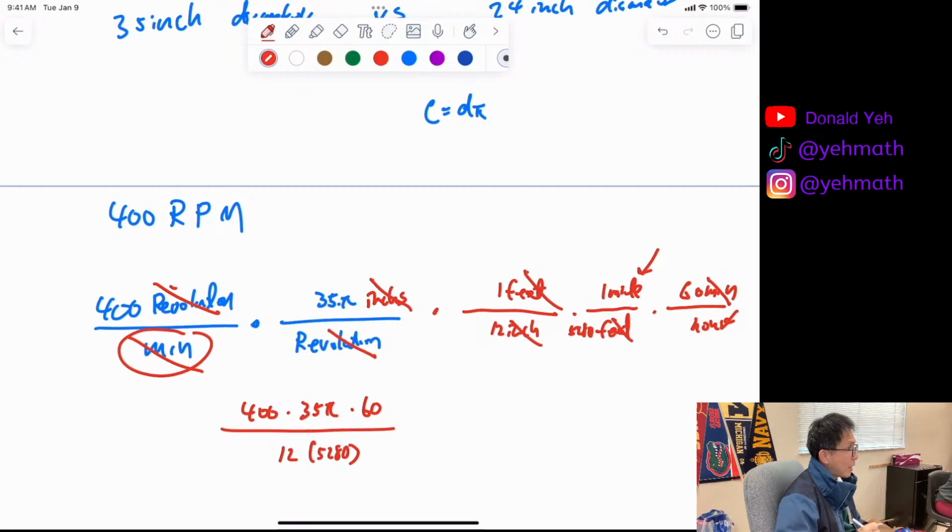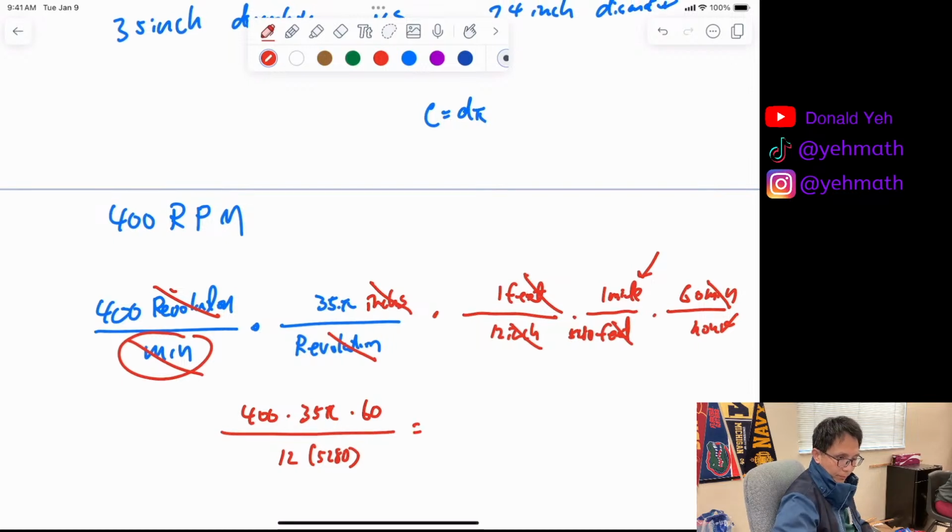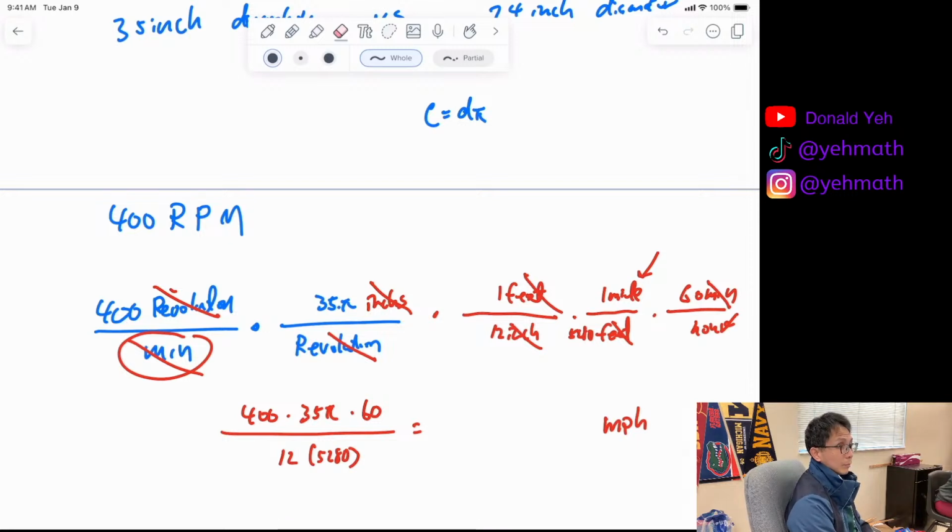Can somebody use a calculator and divide it out for me? Make sure you put parentheses on the top and on the bottom.